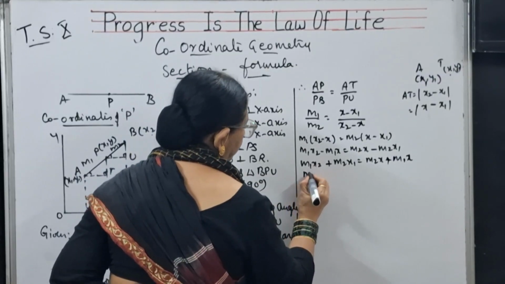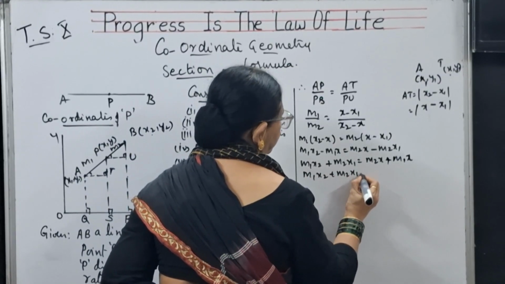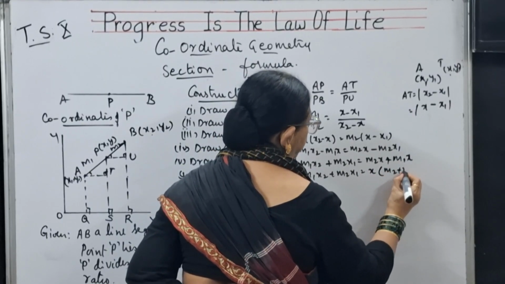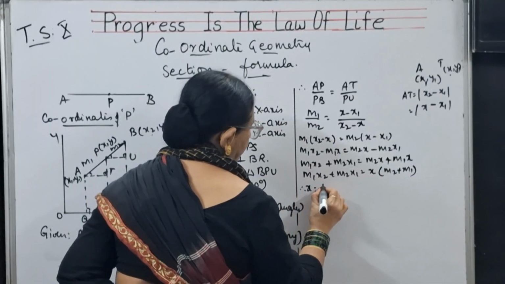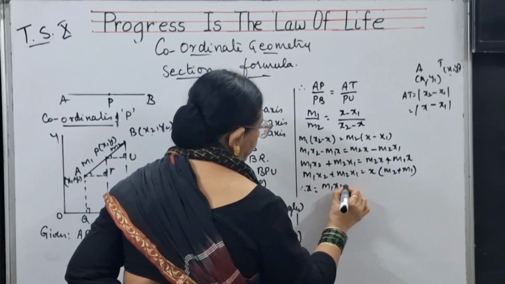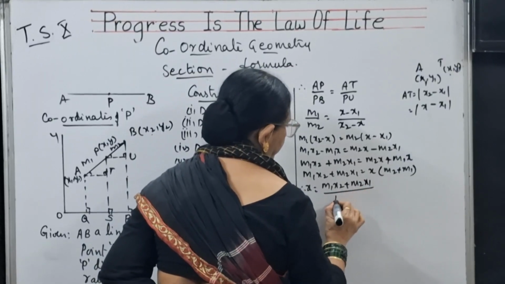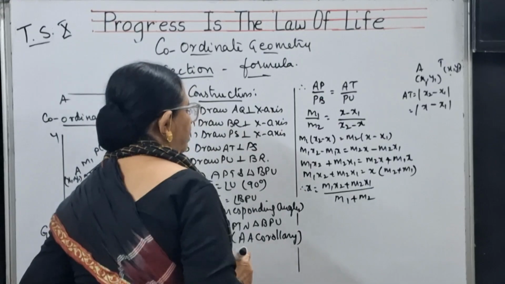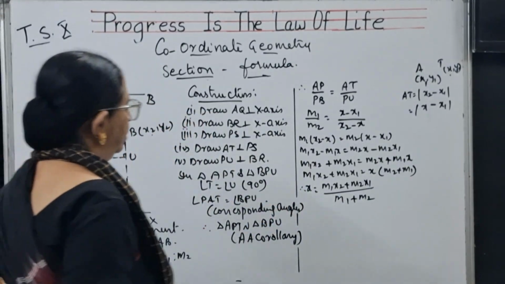That means m1 x2 plus m2 x1 is equal to, in this x is common, m2 plus m1 times x. So what is x? X is equal to m1 x2 plus m2 x1 by m1 plus m2. This is the x coordinate of P.